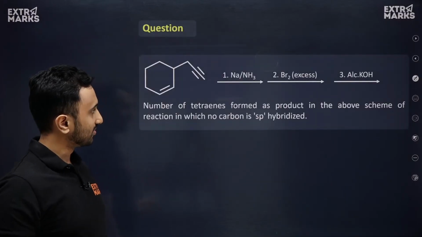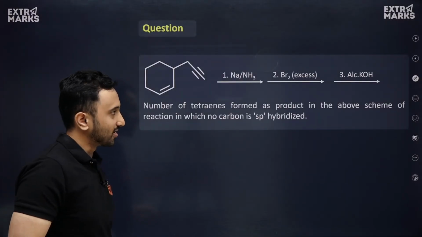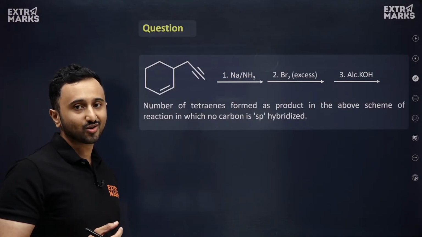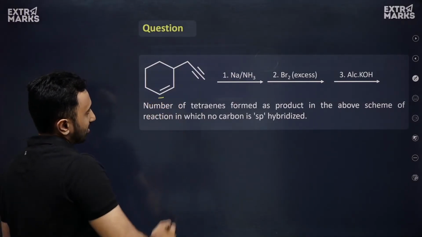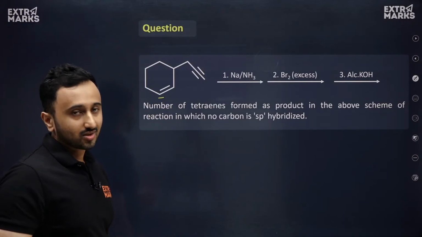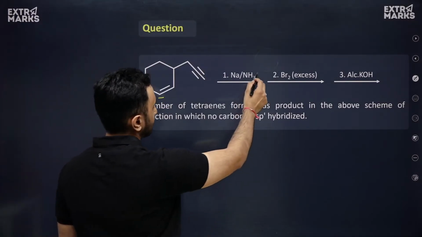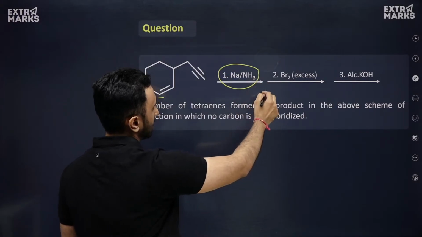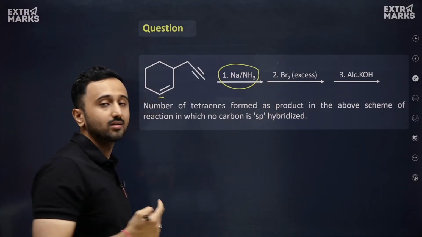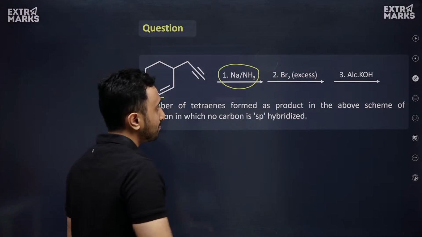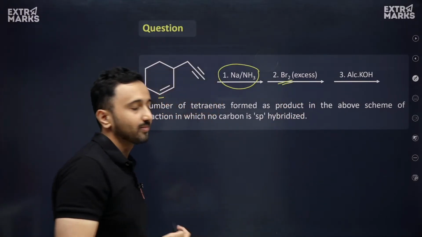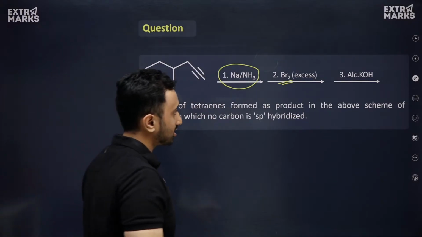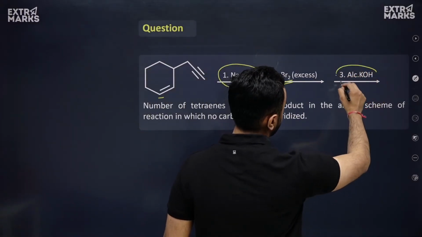Okay, let's see. A reaction which is based on organic chemistry. Here we have this compound. The first step is Na/NH3, Birch reduction. Then it is forming something. Then we are reacting it with Br2, which is taken in excess. And in the last step we are using alcoholic KOH.